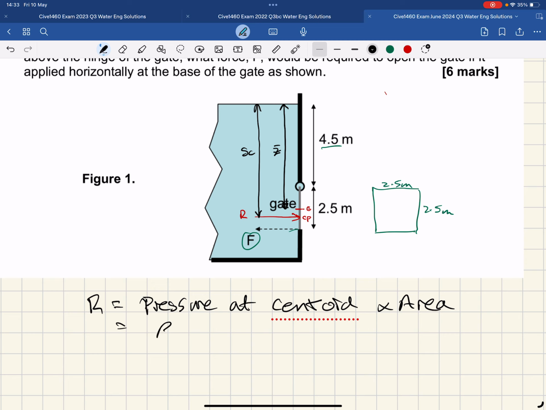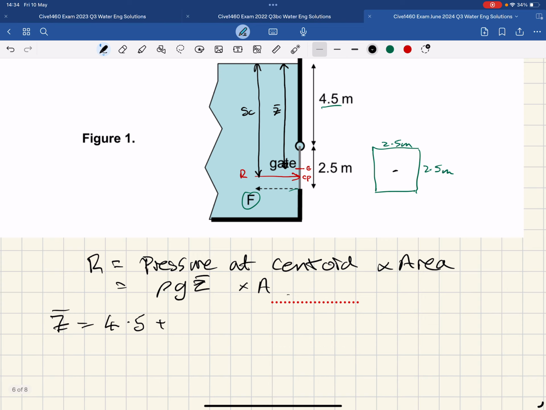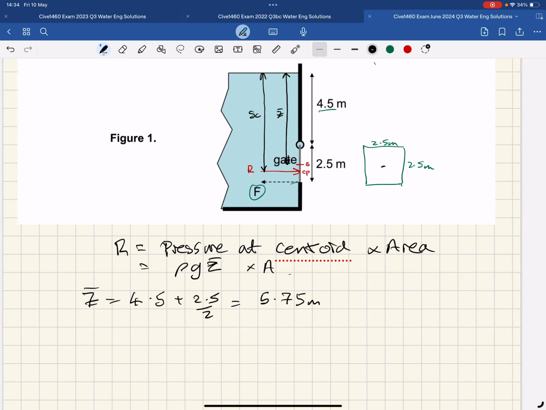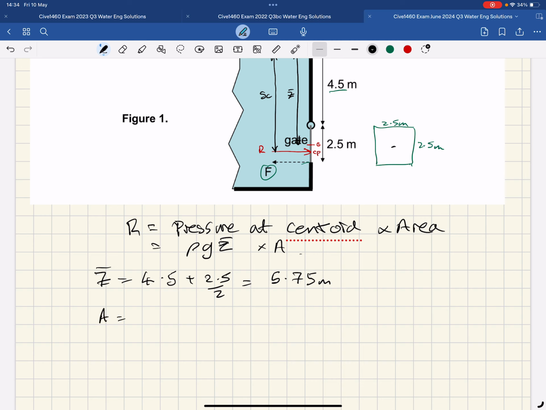R equals rho g Z bar times A. Z bar is equal to, well, we can see that 4.5 plus, well, it's halfway down the rectangle, so it's 2.5 over 2. So Z bar is 5.75 meters. A, well, that's simple, 2.5 times 2.5, so 6.25 meters squared.